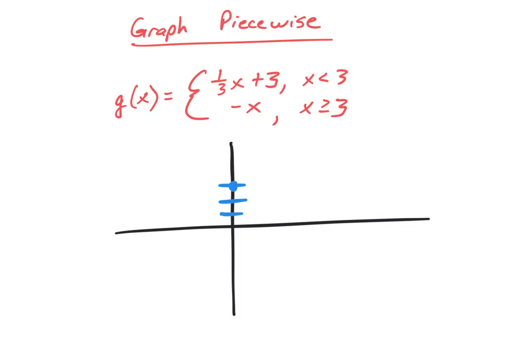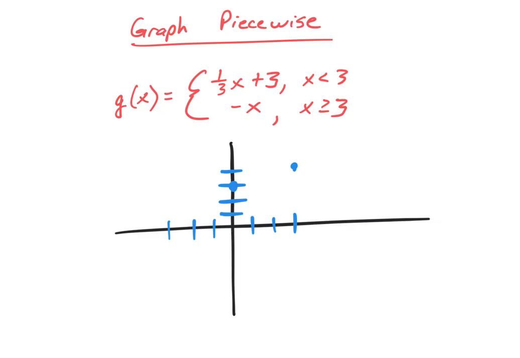And then our slope is 1 over 3. So we're going to go up 1, right 3. I also am going to go down 1 and left 3. Now here's where you got to be careful.